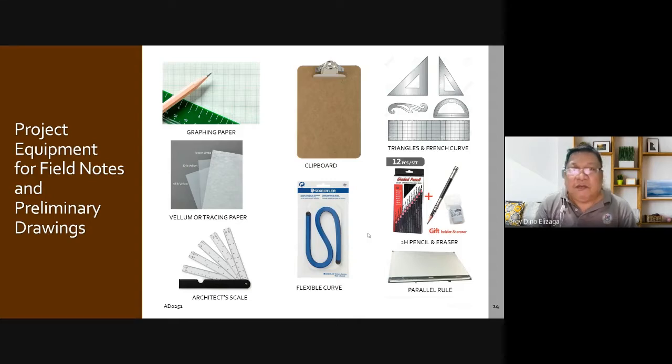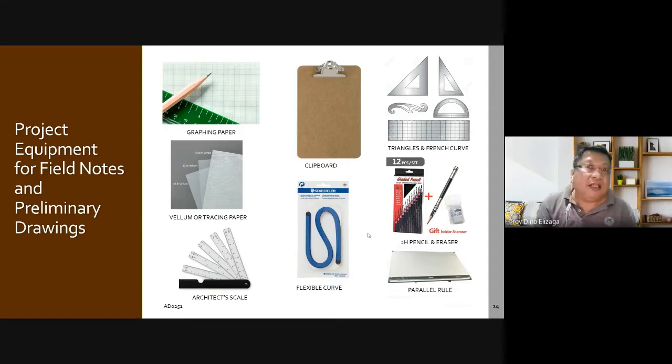A graphing paper is helpful along with tracing paper. What I normally do is I already have a graphing paper pasted on my clipboard and then the tracing paper over it, and that's where I work, because tracing paper is now available in cut size.